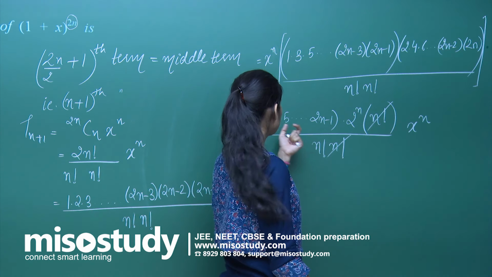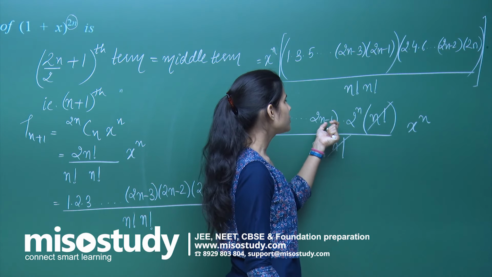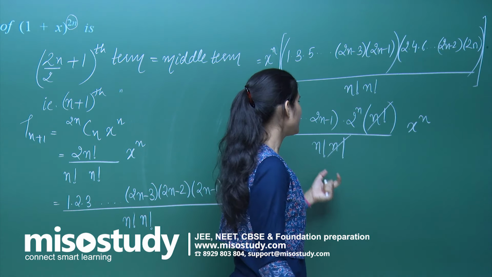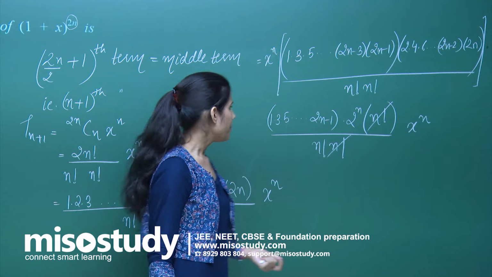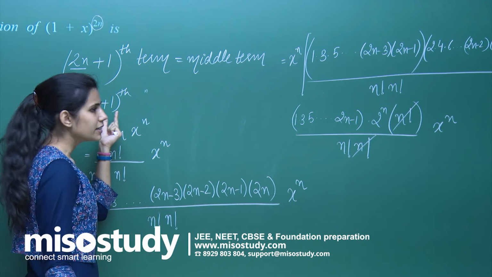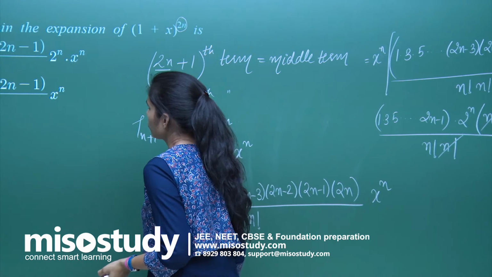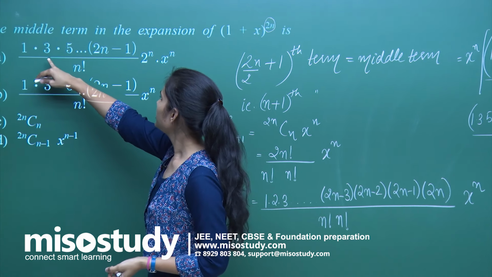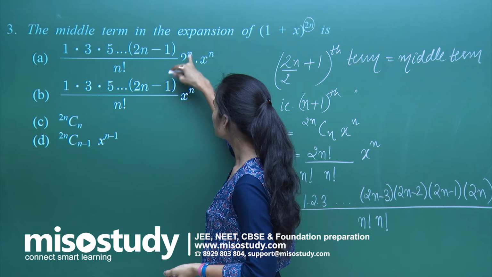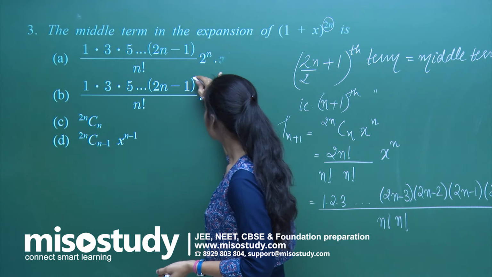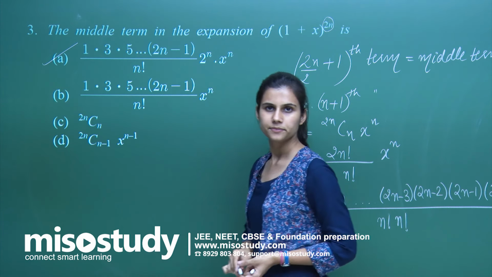So your answer comes out to be 1 into 3 into 5 up till 2n minus 1 into 2 to the power n into x to the power n upon n factorial. That is the n plus 1th term or the middle term. Okay. So what is your answer? This is your answer, 1 into 3 into 5 up till 2n minus 1 into 2 to the power n whole upon n factorial times x to the power n.